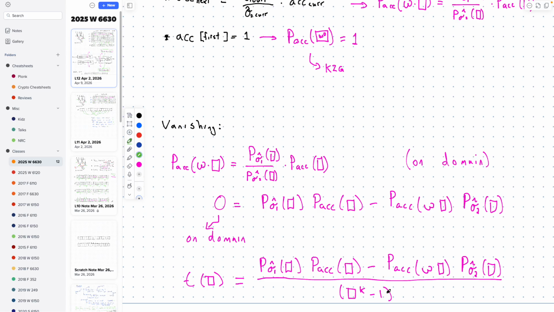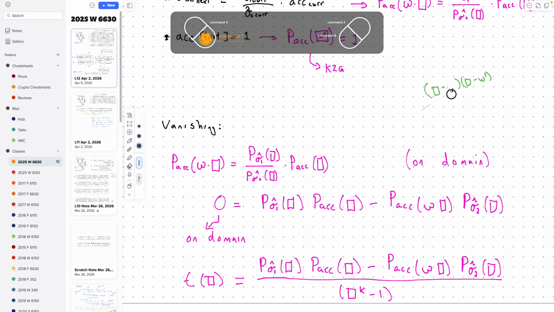So this polynomial here is basically like this minus omega at 0, this minus omega at 1, or something like that. Let me think. Sorry, I don't know, my brain's not working.